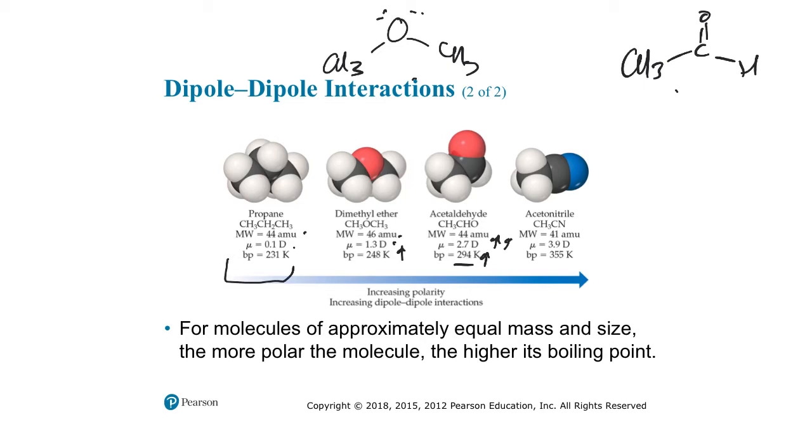Acetonitrile, again, I don't know if you would predict that its dipole moment would be greater. You have a nitrogen atom that is triple bonded, but you have an even greater dipole moment. Again, given that it's a provided piece of information, the dipole moment is greater for acetonitrile, and it has an even higher boiling point.